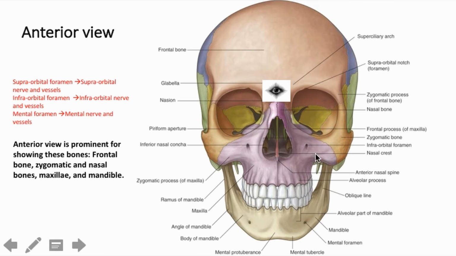You'll see right here, there's the articulation. Medially, the frontal process of each maxilla articulates with the frontal bone, right in here. And inferiorly, each maxilla ends at the alveolar process, which are right in here, which house the teeth in the upper jaw.